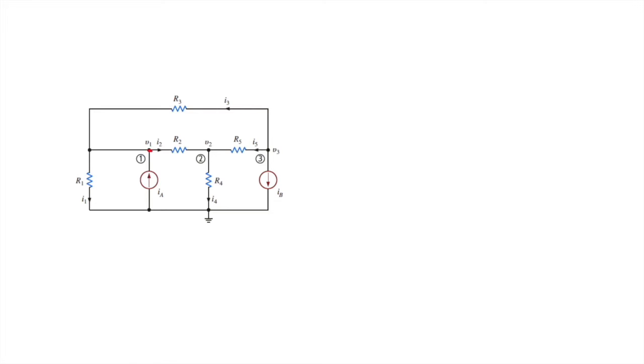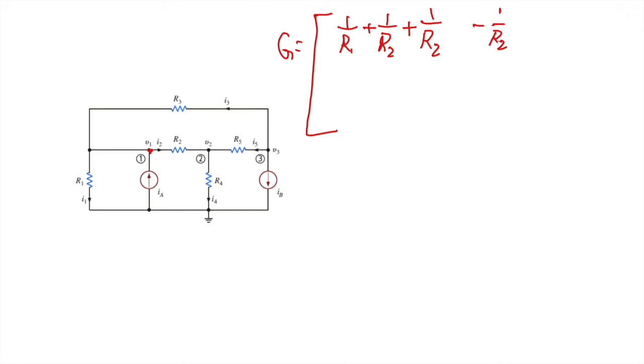For node 1, we have R1, R2, and R3 connected to node 1, so that G11 equals 1 over R1 plus 1 over R2 plus 1 over R3. And how about G12? Between node 1 and node 2, there's R2, and remember the negative sign.